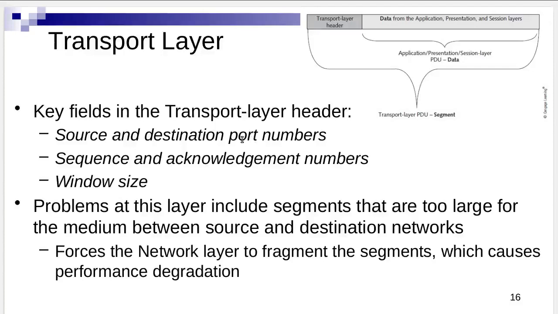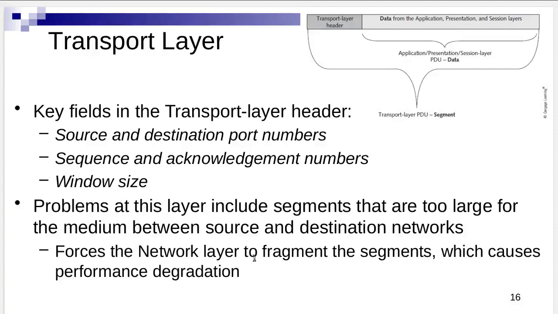So some of the problems that happen at this layer include segments that are too large for the medium. So you might have an MTU, or maximum transmission unit, that's much smaller than you expect, and then you might have to ditch it and then retransmit with a smaller segment. So there might be mismatches, but those things usually are handled by the transport layer.